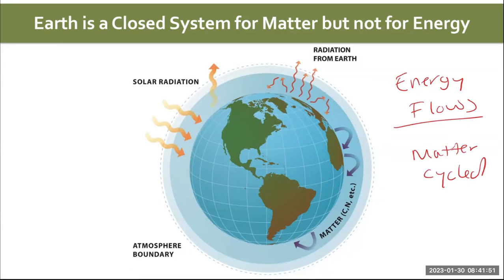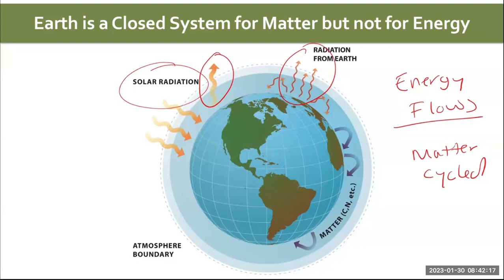So once again, energy enters our ecosystems through solar radiation, and some of that is captured for energy, but a lot of that is lost in the form of light or in the form of heat, so radiation from the Earth's surface. Matter, carbon, nitrogen, phosphorus, stays in the biosphere.